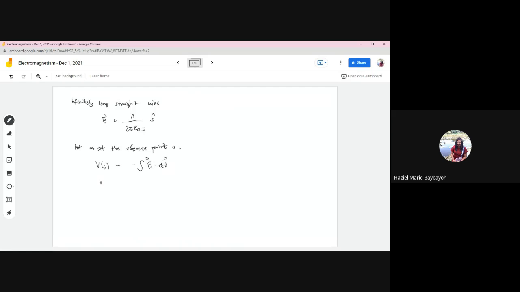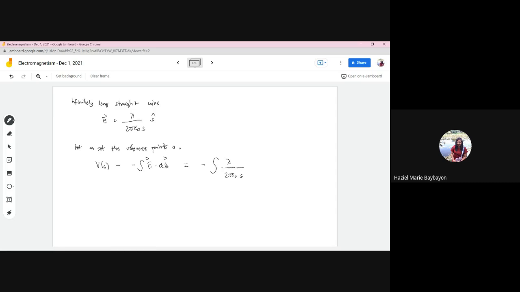If you can recall, this is our expression for the potential in terms of the electric field. So your dl here is ds. Okay, so you have lambda over 2 pi epsilon naught s in the radial direction.